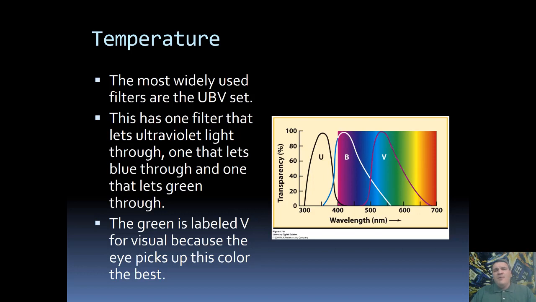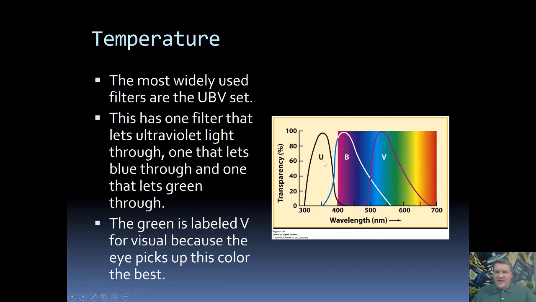The most widely used filter set is the Johnson UBV set. It's actually UBVRI for red and infrared, but we're just looking at U, B and V in this case. U covers the ultraviolet, B covers blue, and V covers green.